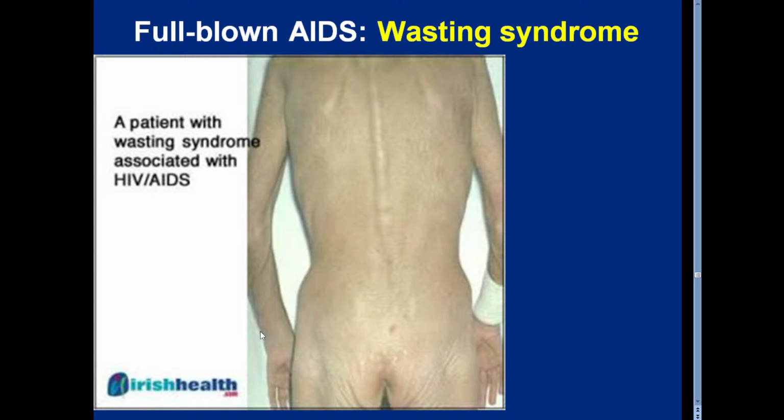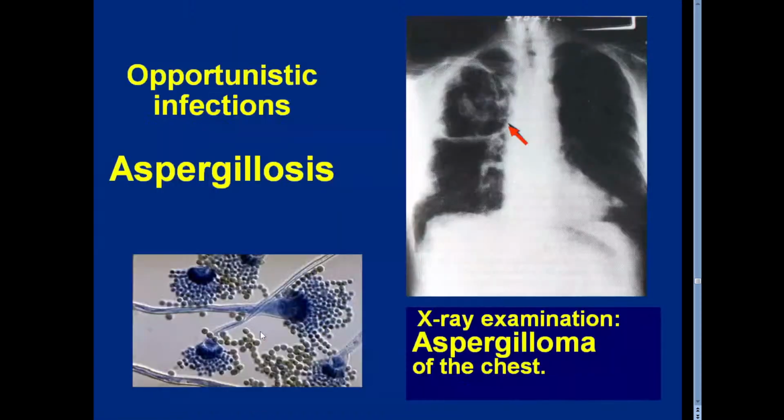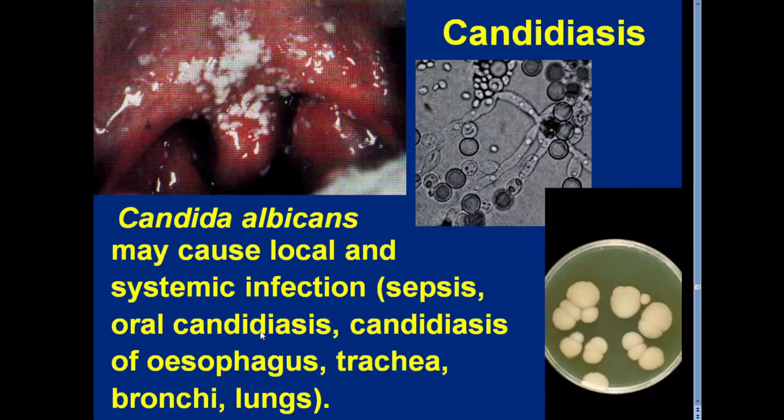Wasting syndrome: weight is lost, diarrhea prolongs for a month, that's why it is a very severe symptom. Different opportunistic infections: fungi such as aspergillosis in the lungs, candidiasis on the skin, oral cavity, trachea, bronchi, lungs, maybe sepsis.